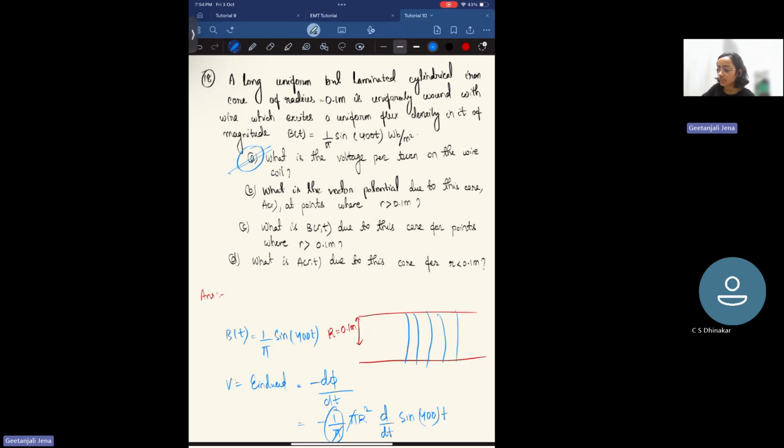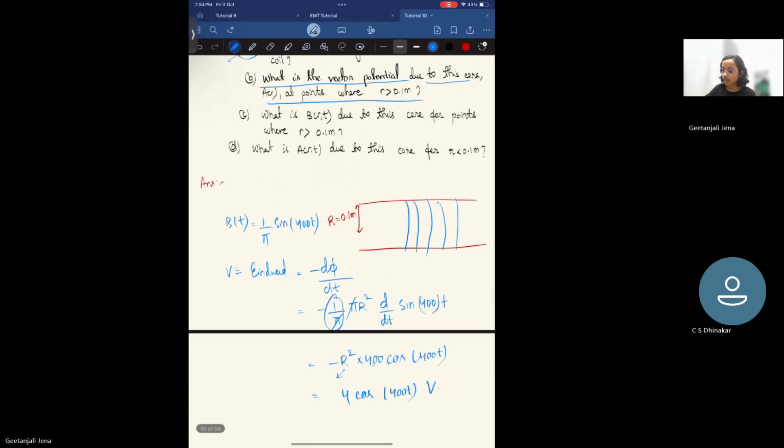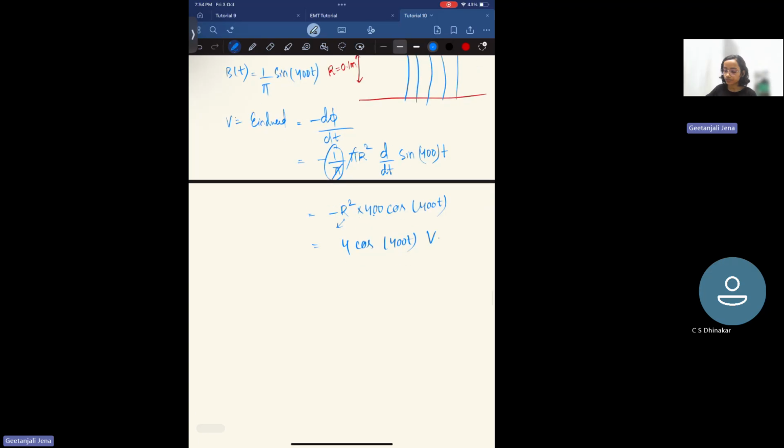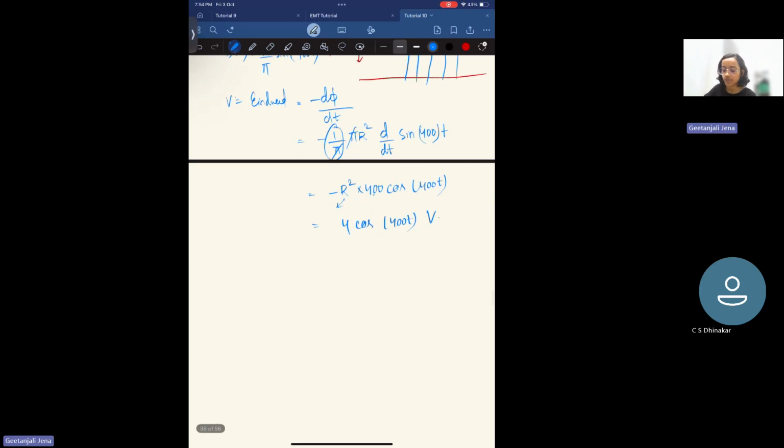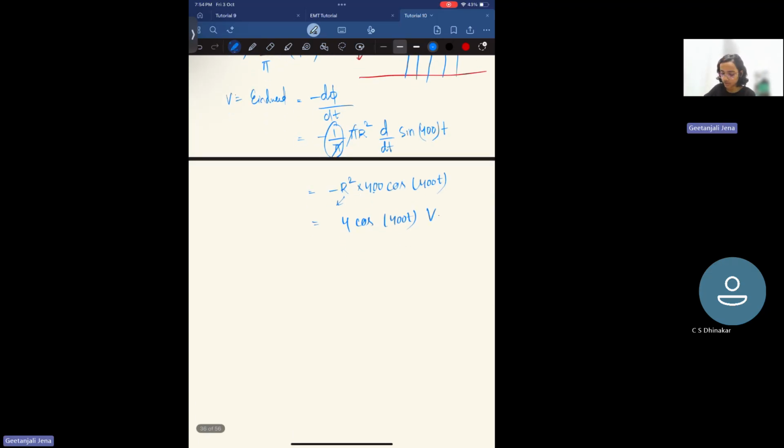In the second part, we have to find the vector potential due to this core, A at a point r greater than 0.1 meter. So we need to calculate the vector potential now. If you recall, we have seen a relation between the magnetic flux and the vector potential: the line integral of A dl is the magnetic flux, which is B dS.